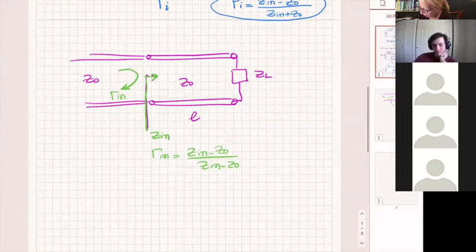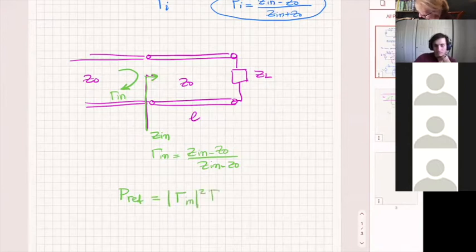will be Z in minus Z naught over Z in plus Z naught, as we saw up there. But because reflection is in voltages, this is a voltage reflection coefficient. In terms of power, the reflected power is going to be the magnitude squared of the incident power. So if the incident power that goes here is this, then part of the power is going to go back.